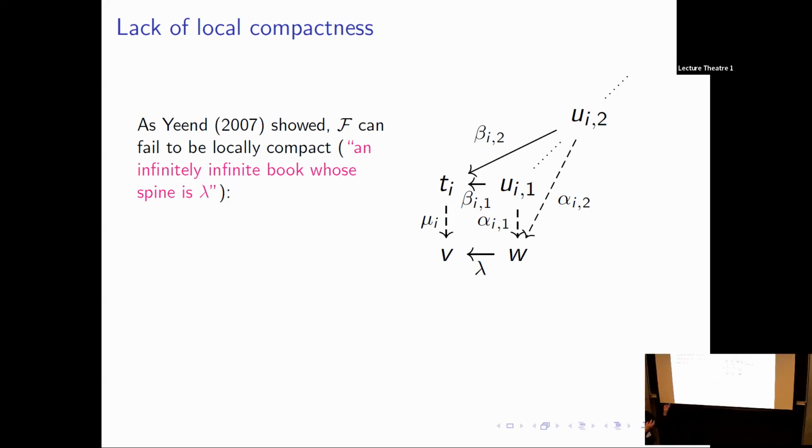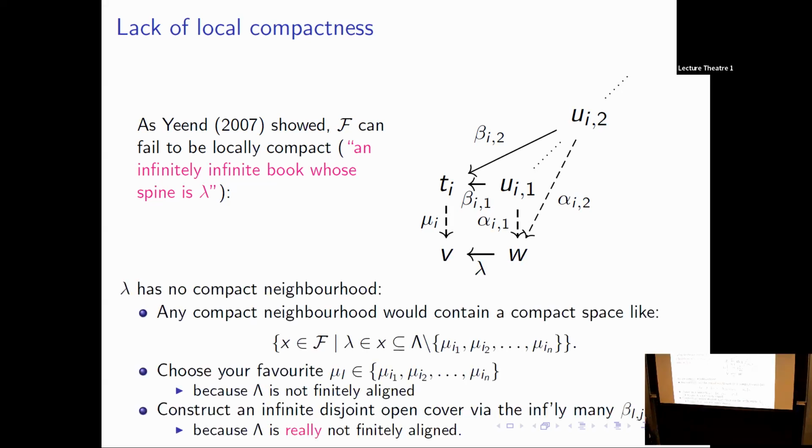So I've got this massive book, and it's here where we find a lack of local compactness. Maybe I'll skip the details, but you get the vibe that I've got a lot of infiniteness going on. And so I try to find a compact space around lambda, but I can't. That's the point.